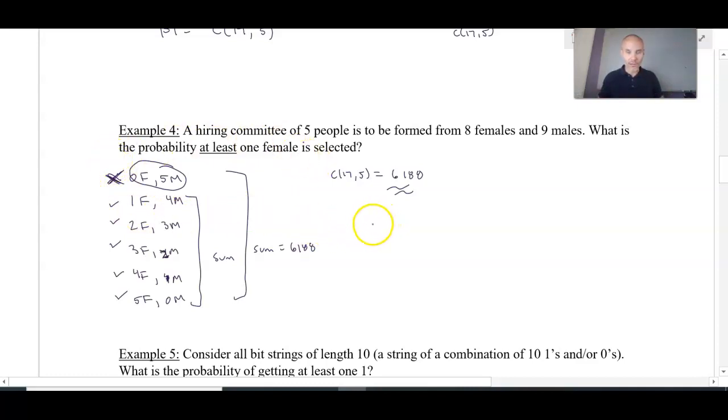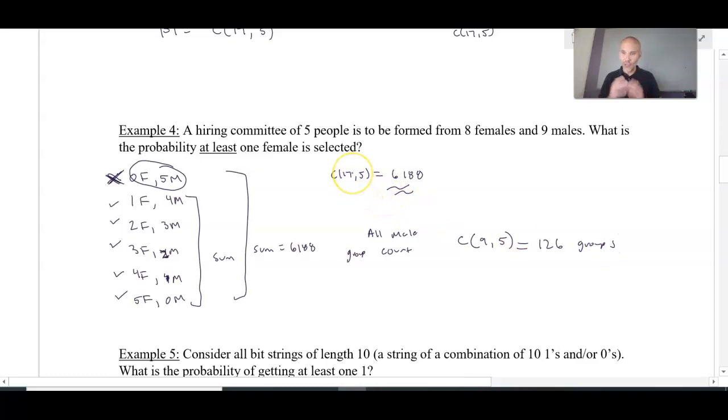So what I'll do to calculate that is to have an all male group count. That would be from the 9 males, all 5 people selected are from that group, and that comes out to, let's see here, 126 groups of all male.